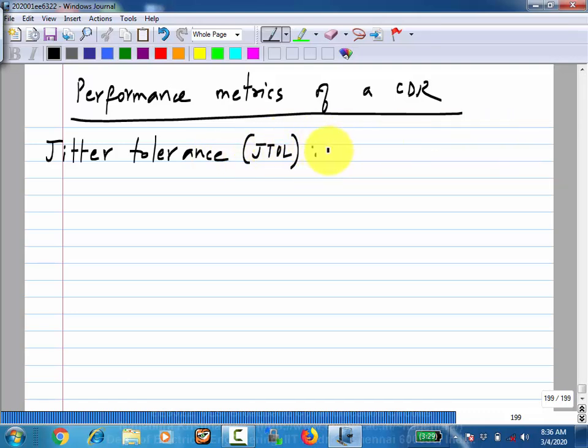So what you do here is you deliberately input data with a sinusoidal jitter and you vary its frequency. At every frequency, you go on increasing the jitter until the bit error rate goes above a certain value. And in our case, we can't calculate the bit error rate. We will say that when the phase deviation, when phi ck goes beyond a certain value.